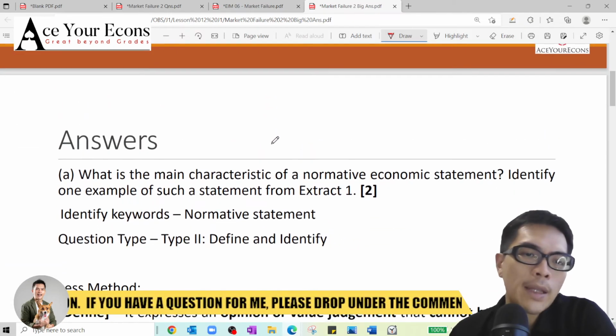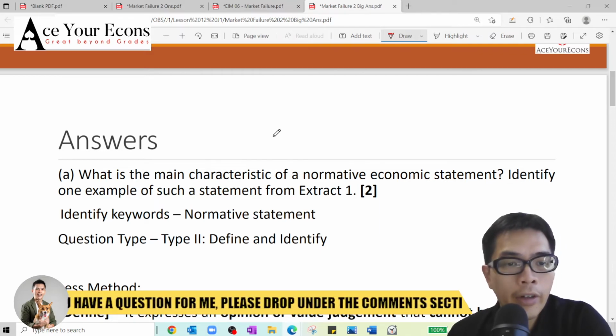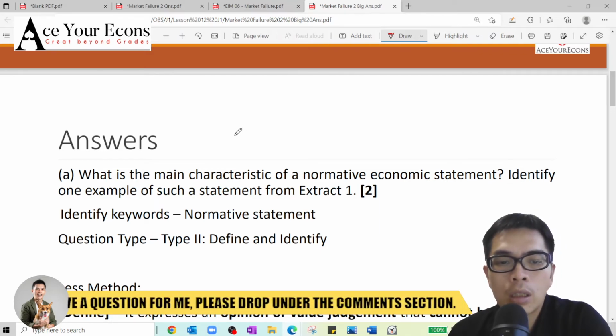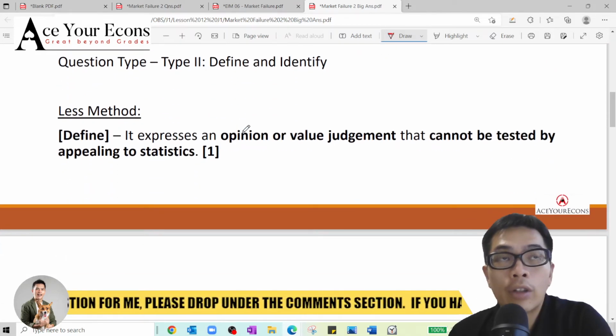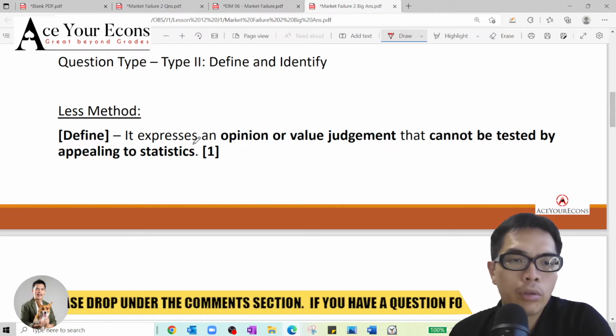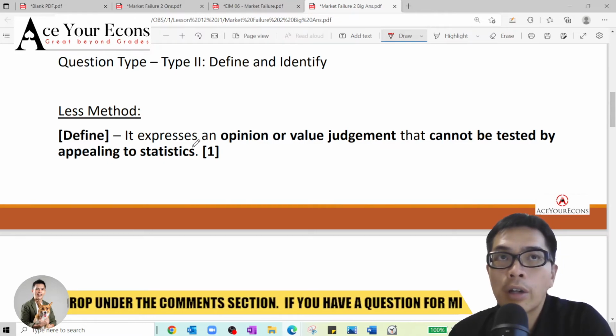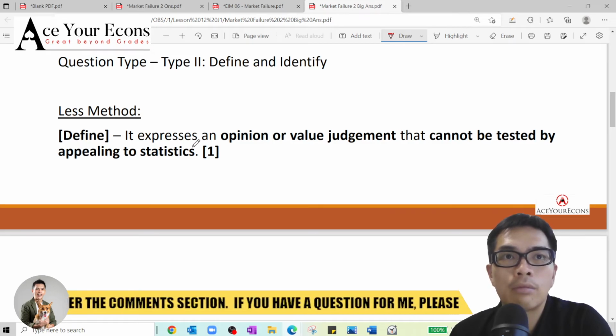So, what is the main characteristic of a normative economic statement? Identify one example from extract 1. The first mark will be allocated to a definition. It expresses an opinion or value judgment that cannot be tested or appealed to statistics. So, question: what is the opposite of a normative statement? Type it out.